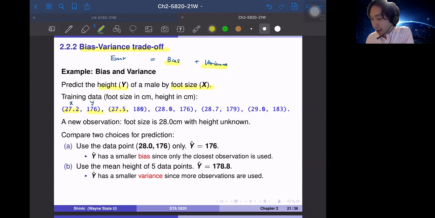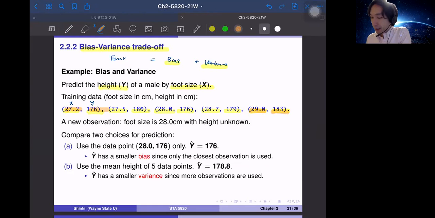Naturally, if the foot size is large, then the person is taller. Especially if you compare the first one and the last one, the foot size is much larger, 27.2 versus 29, and the height is also higher.